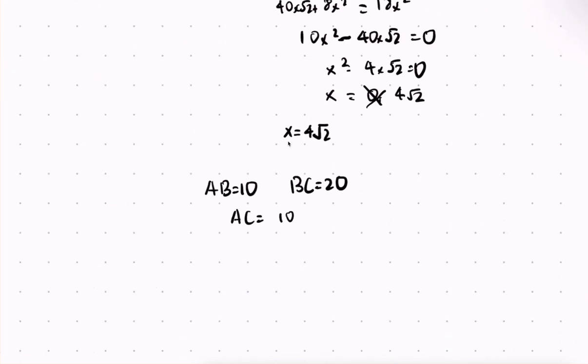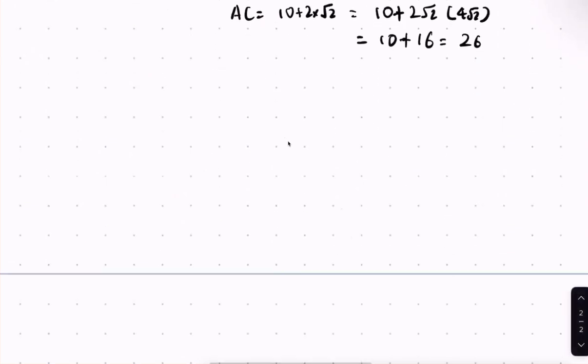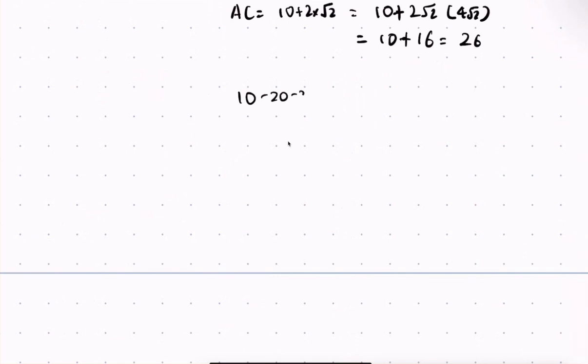So 10 plus 2x root 2 is equal to 10 plus 2 root 2 times 4 root 2, which is equal to 10 plus 16, which is equal to 26. So now the problem is just finding the area of a 10, 20, 26 triangle.